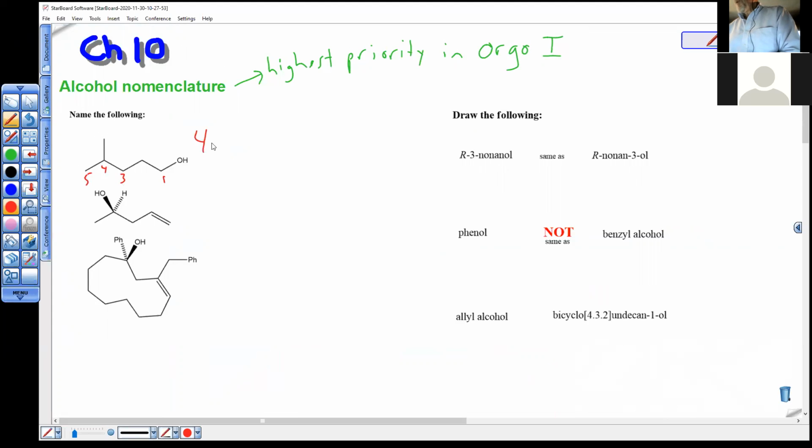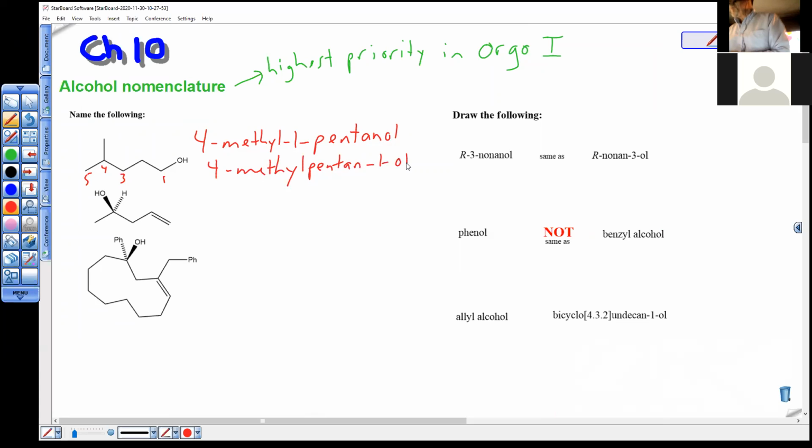And we have 4-methyl. And you can go 1-pentanol if you want. Or you can say 4-methylpentan-1-ol.